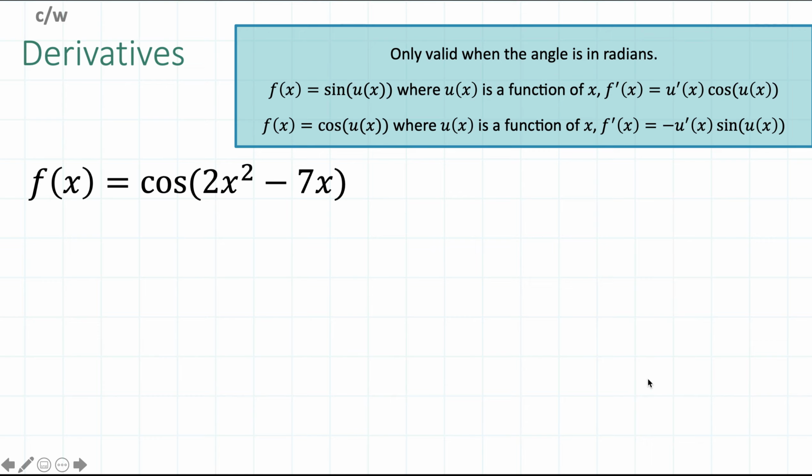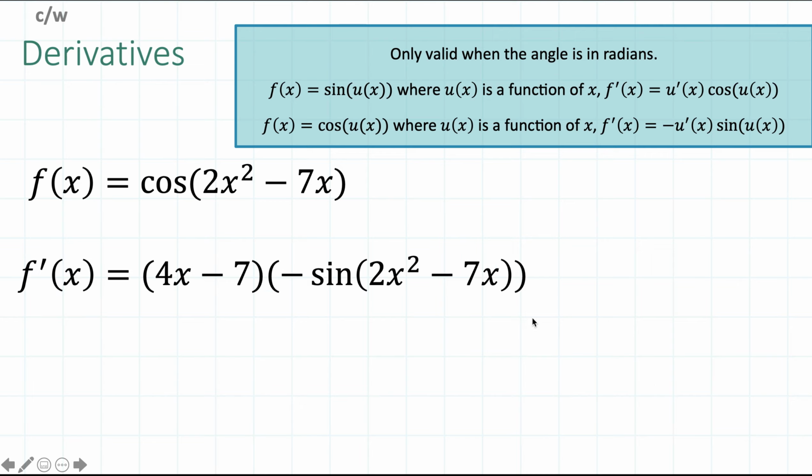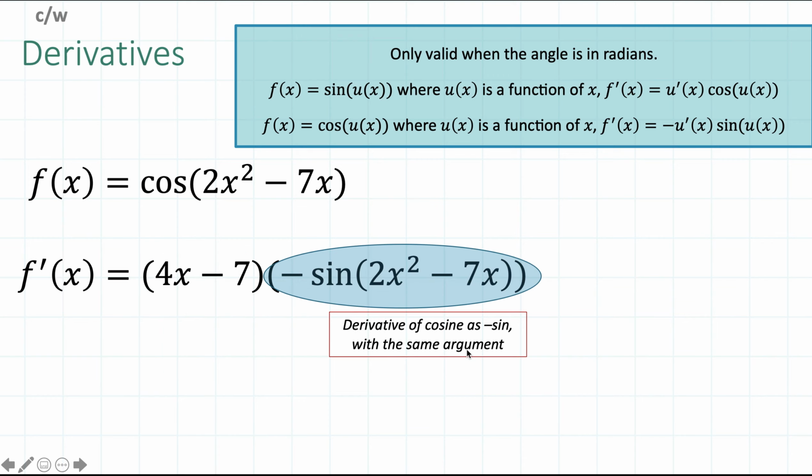This is another example. I have this function, and as you can see, the argument is quite a complex function on its own. We're going to do the same thing. We're going to have the derivative of the argument. So this is the final answer. What I've done is taken the derivative of the argument, which is 4x minus 7, and multiplied it by the derivative of cosine. The derivative of cosine is negative sine, and then the argument stays the same.